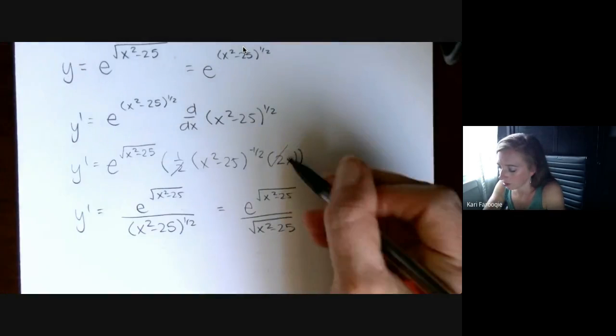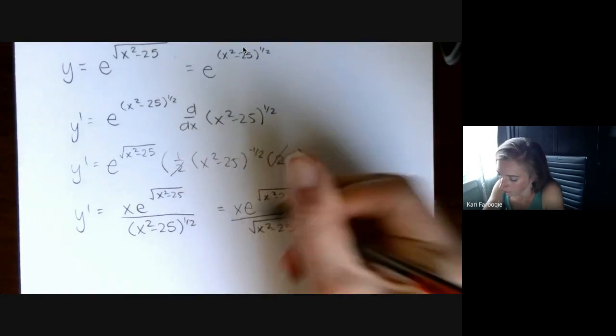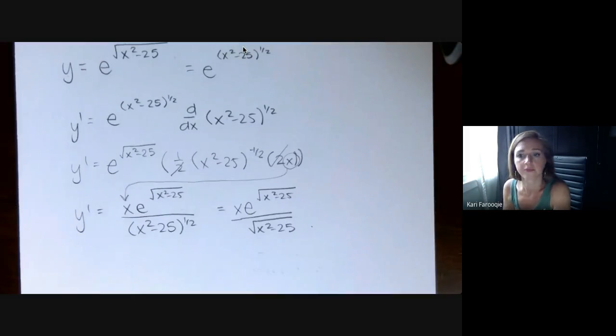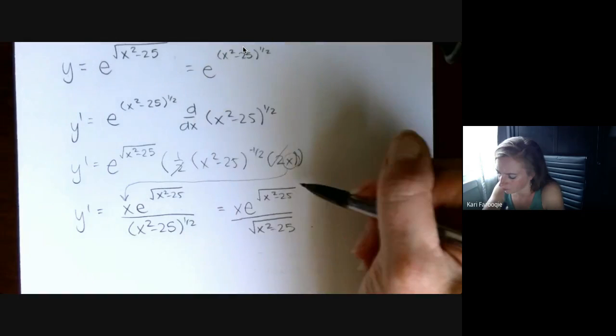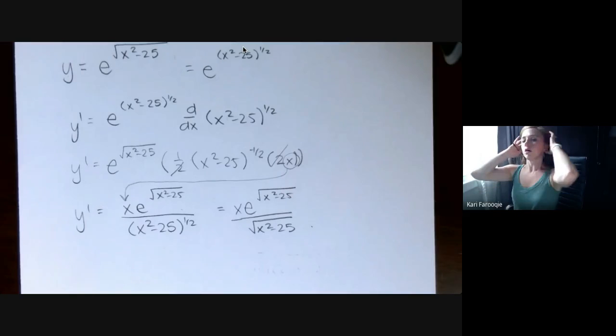Oh, I lost the x. Sorry, the x needs to go there. It's really easy to lose stuff here. Okay. That was 3.2, number 19.